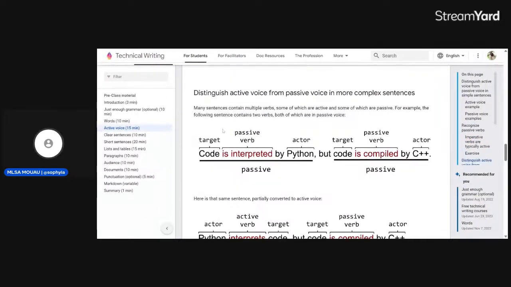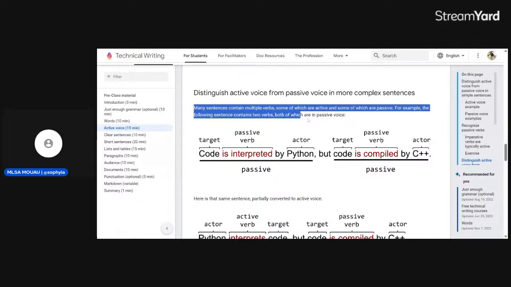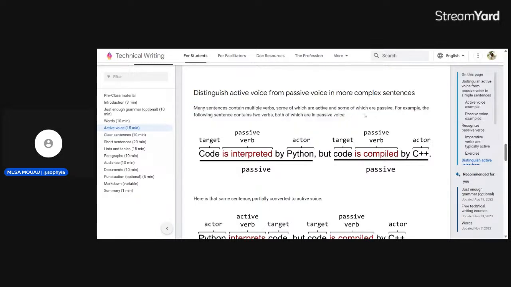So in a more complex sentence, many sentences contain multiple verbs, some of which are active, some of which are passive.